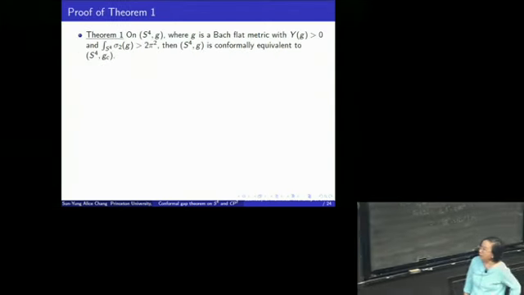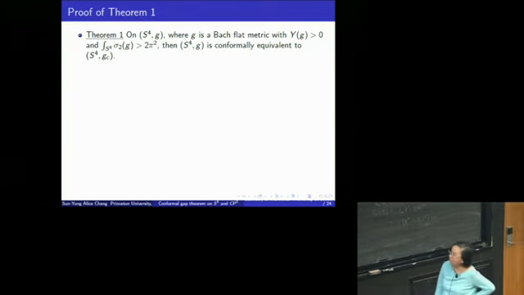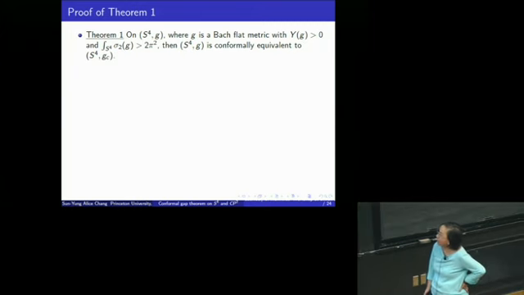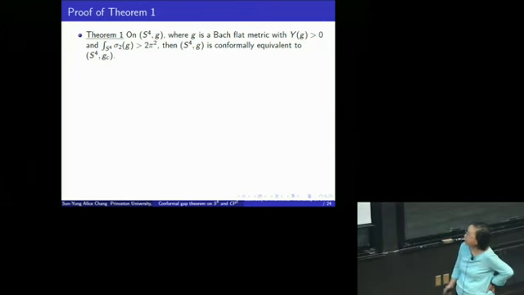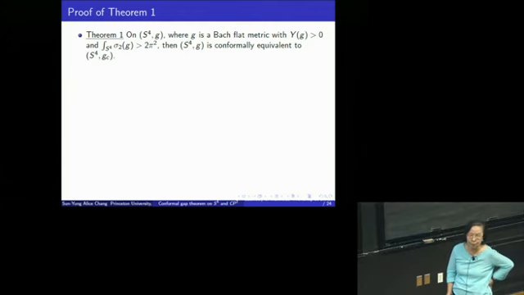And for the rest of the talk, let me briefly mention how to prove this theorem, the tools we are using. In the proof of theorem 1, we are saying that if it's Bach flat, and if this integration is greater than 2 pi squared, then the manifold is the standard S4.